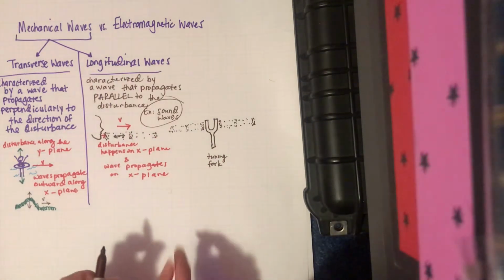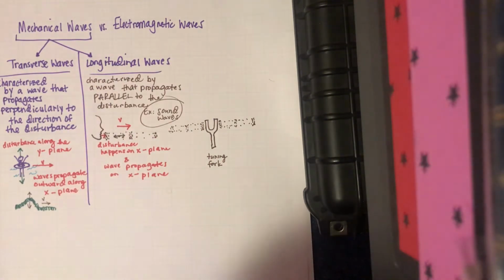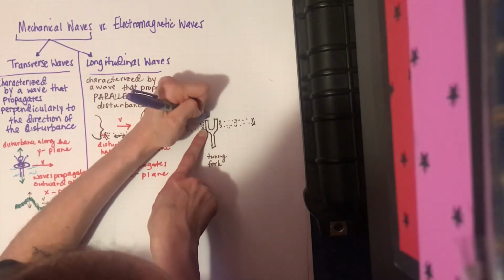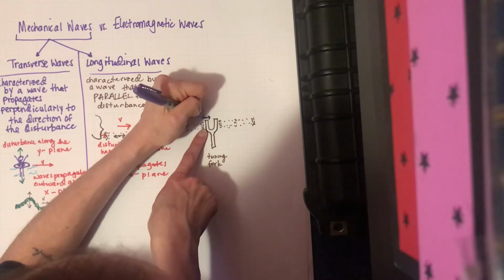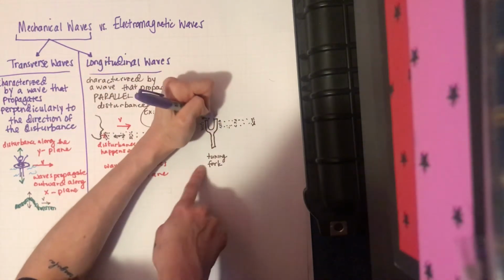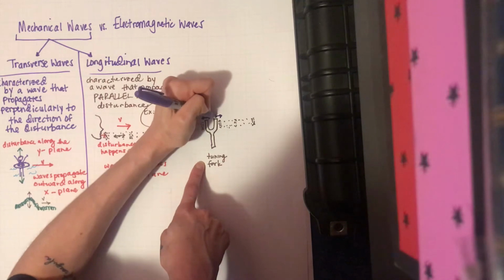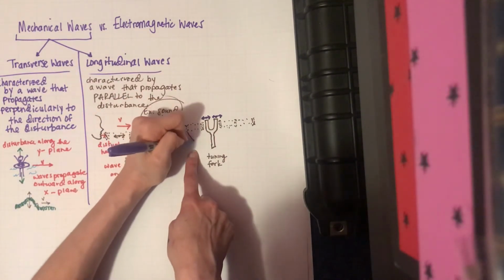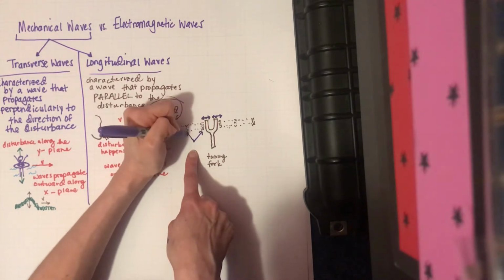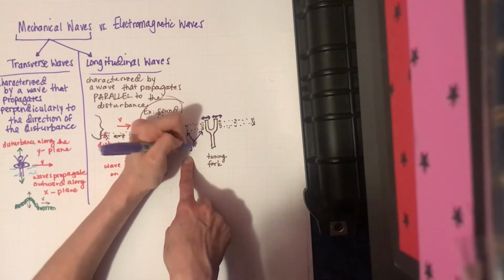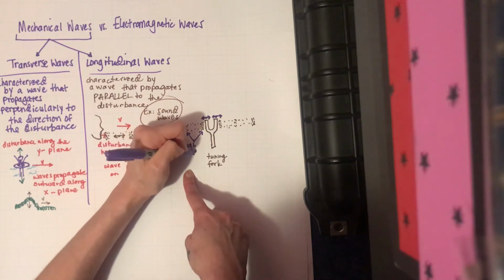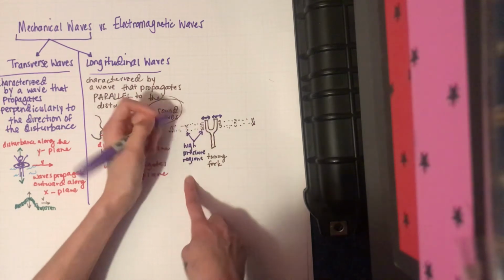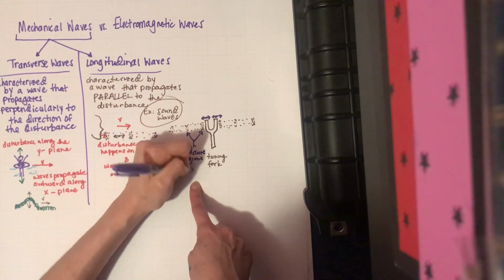Okay, so the reason that these bands are forming is because this is oscillating back and forth, and this is oscillating back and forth. So we get these regions of high pressure, which I'll point to over here. High pressure regions, which are referred to as compressions.